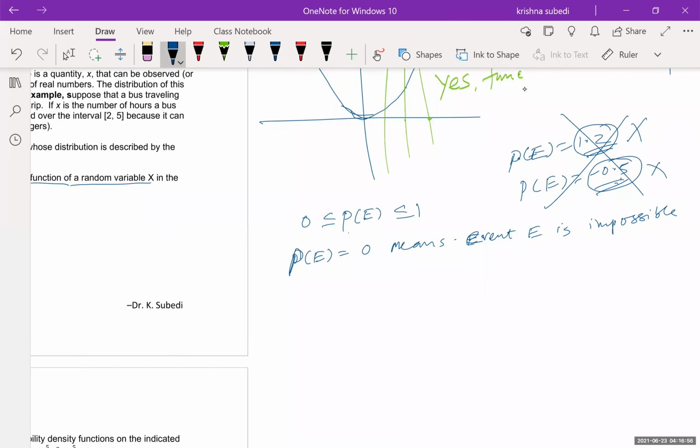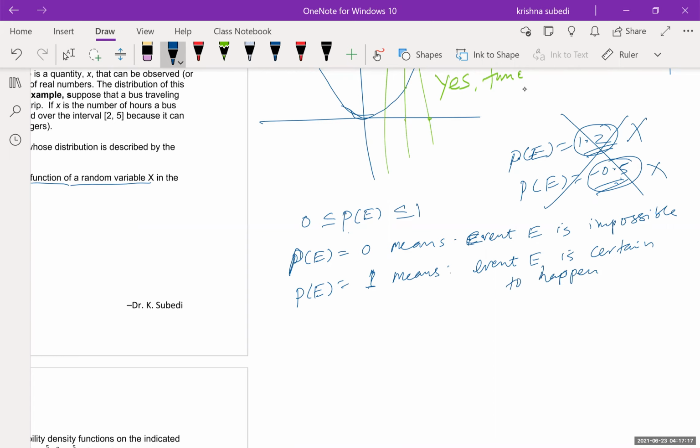Okay, now P of E equal to 1. What does that mean? It means event E is certain to happen.